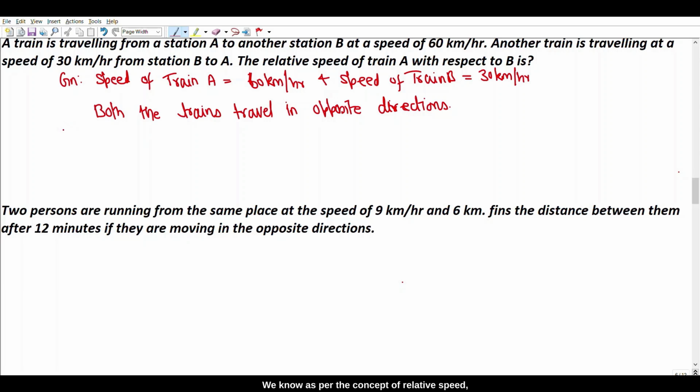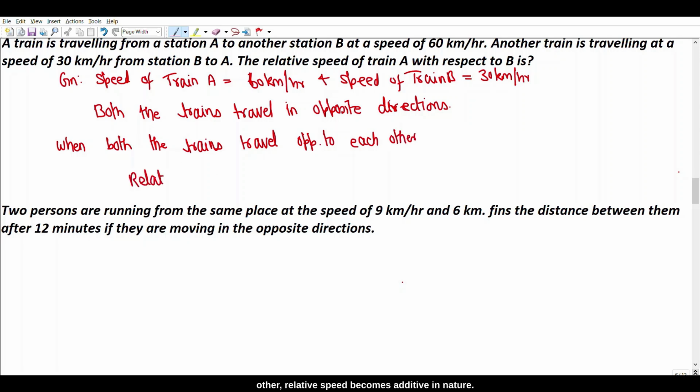We know as per the concept of relative speed, when both the trains travel opposite to each other, relative speed becomes additive in nature.